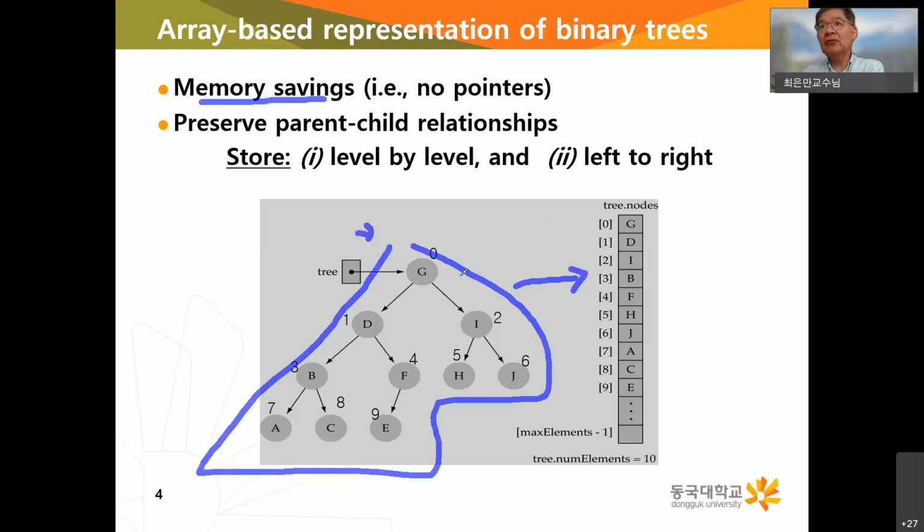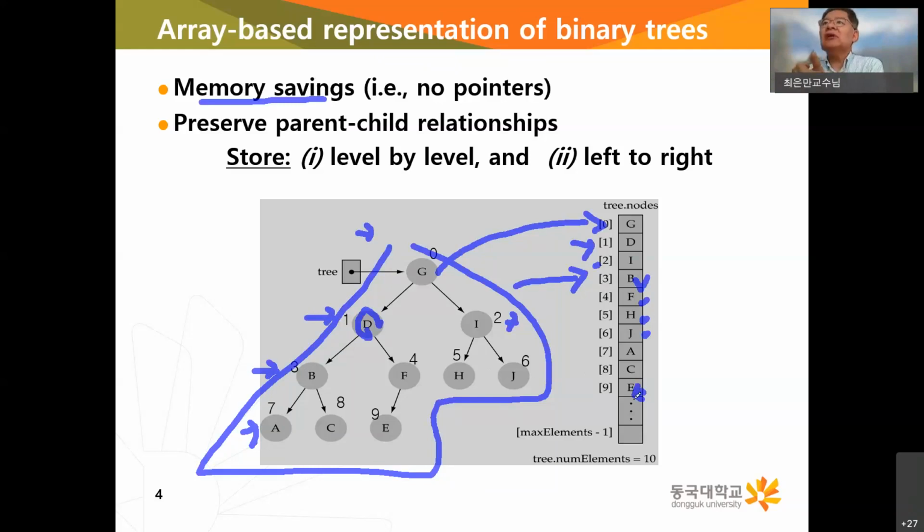Okay, so first the root, just store first, and then the next level, D, store next, and I store next, and the next level from left to right, one by one stored in here, the B, F, H, J, okay? And then the last level, A, C, E are stored in here sequentially, right? Okay, that's very simple, right?